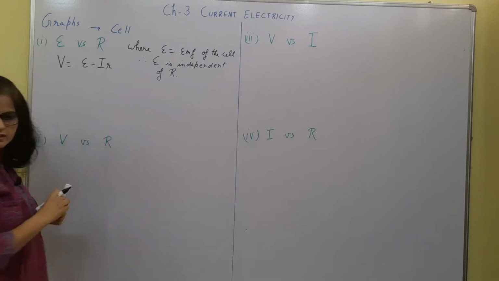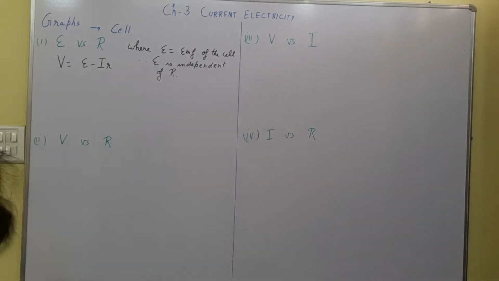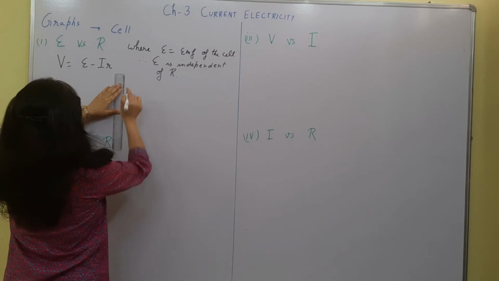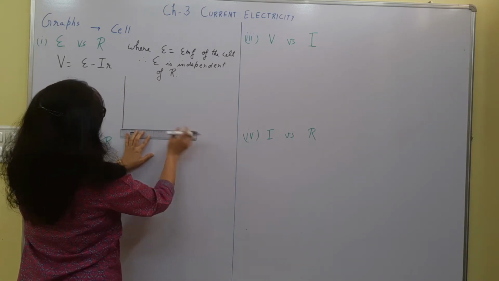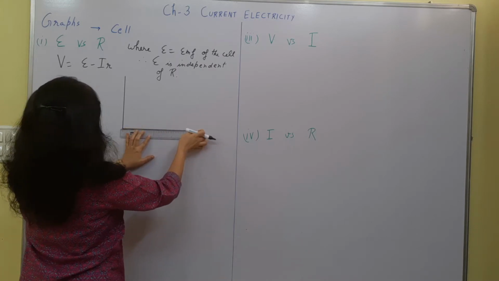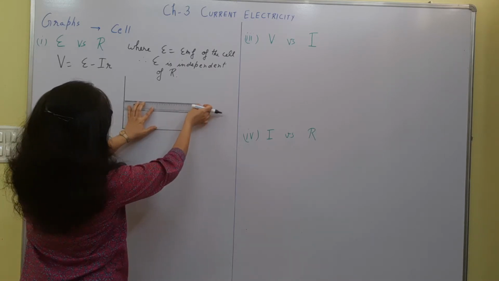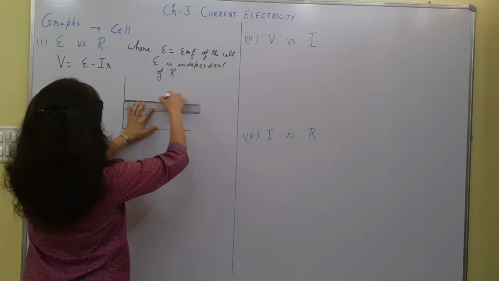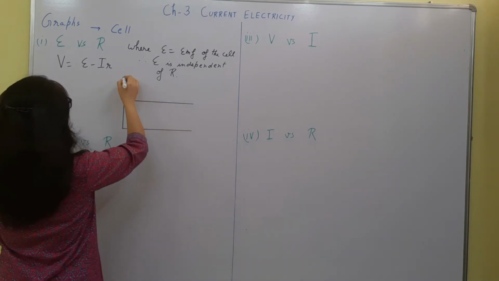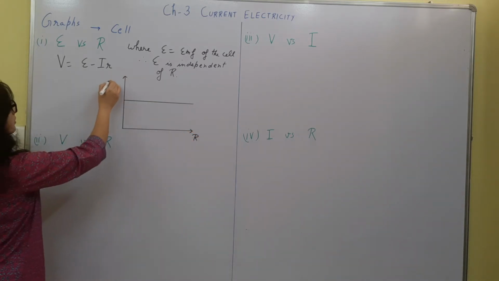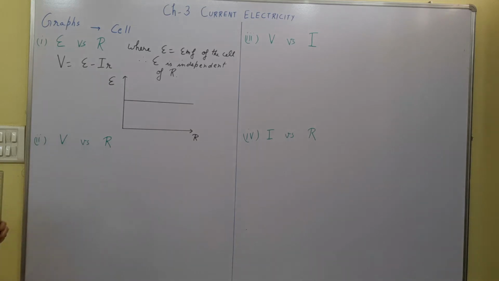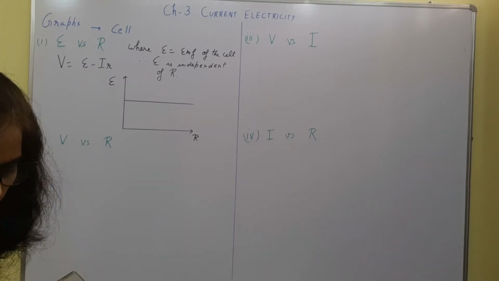So what will be our graph? Our graph will be a line which is parallel to the resistance axis. Why? Because EMF of the cell is independent of the resistance which is used in the circuit.